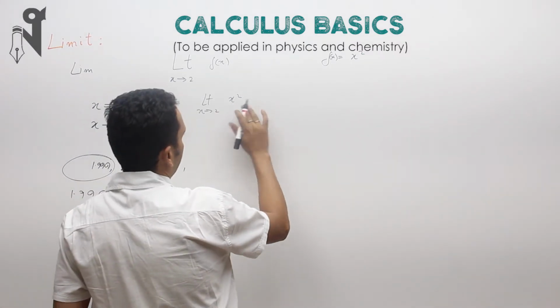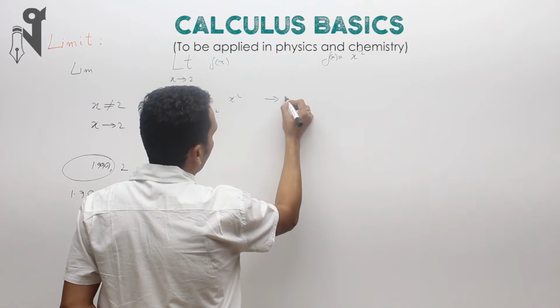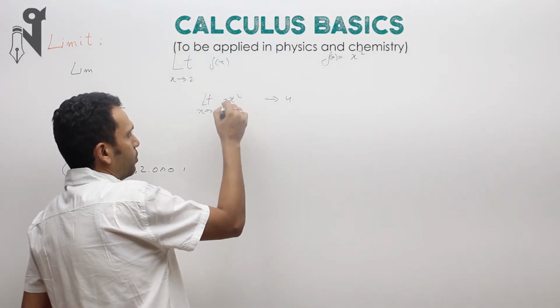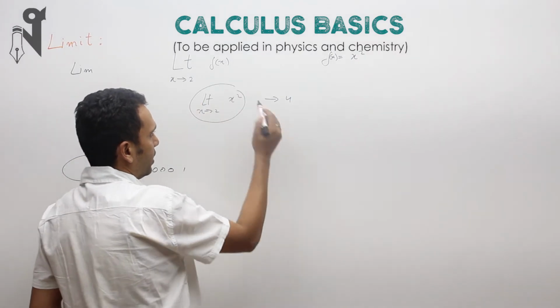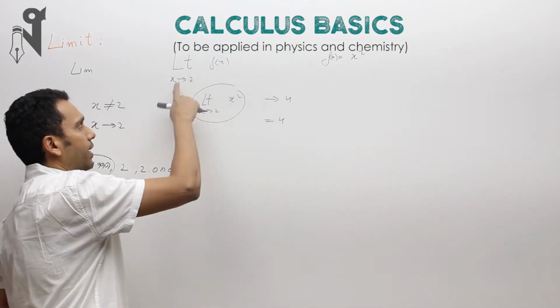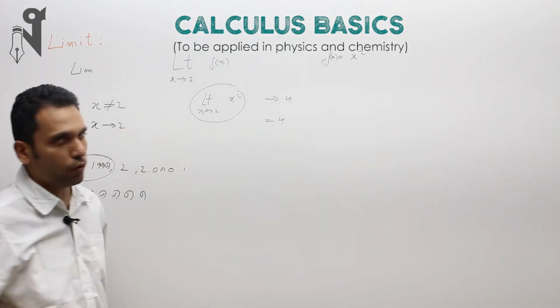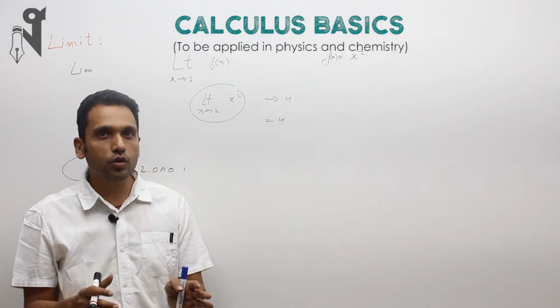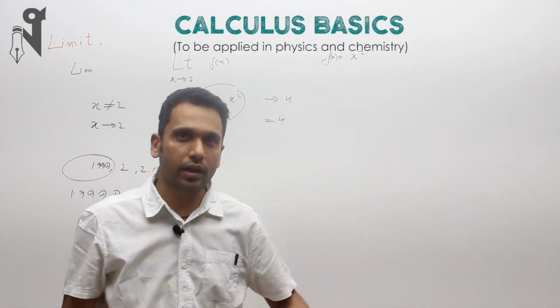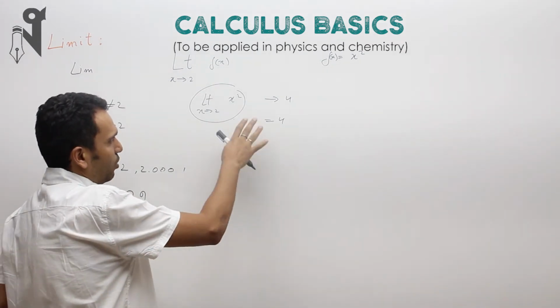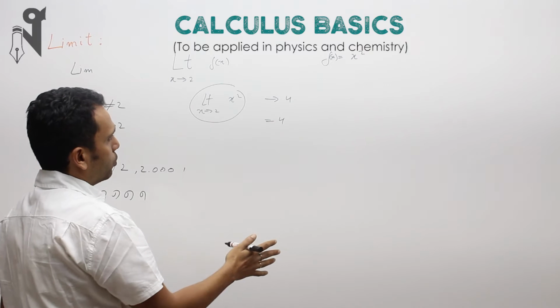So the answer of this would be approaching 4. Since the answer of x square is approaching 4, the limit answer is equal to 4. We say the limit of f(x) when x tends to 2 is equal to 4. The actual answer is not 4 exactly, it is almost 4 from the left hand side or the right hand side. Now this left hand side or right hand side both would be approaching 4, so it's quite easy over here.